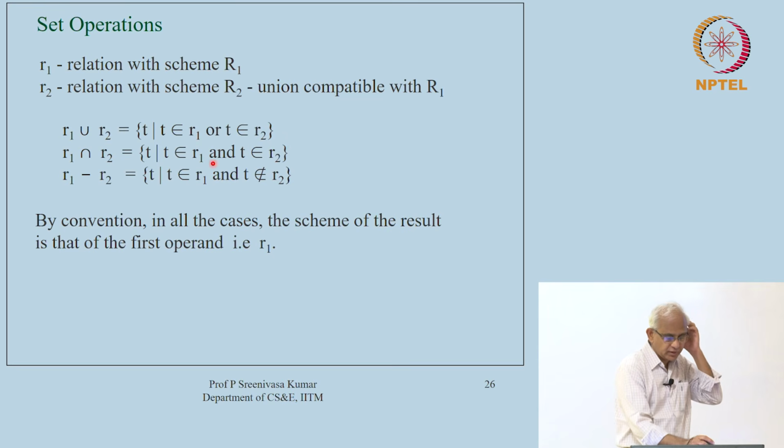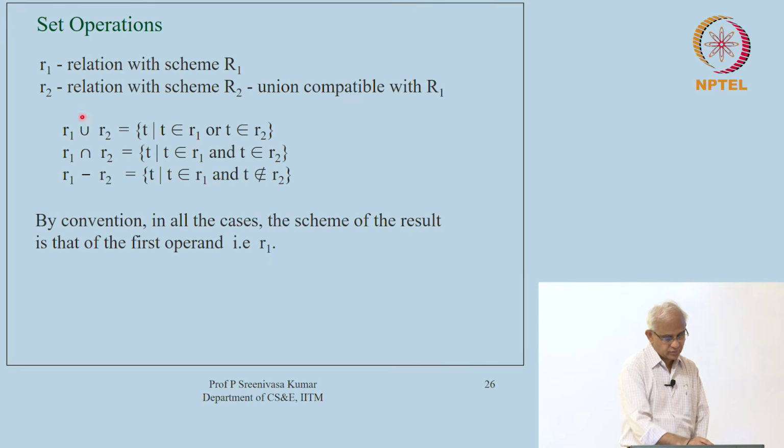Now, the intersection is defined in the usual way. R1 intersection R2 is the set of all tuples that belong to both R1 as well as R2, and R1 difference R2 is the set of all tuples that belong to R1 and do not belong to R2. These are the usual definitions of union, intersection and difference.